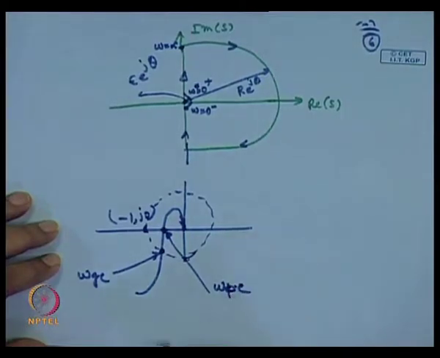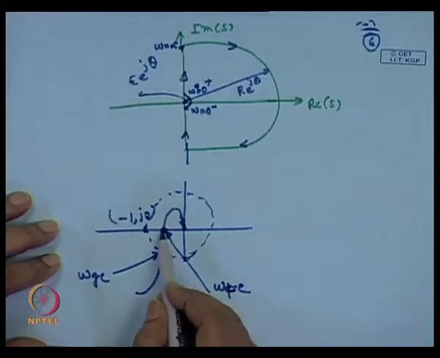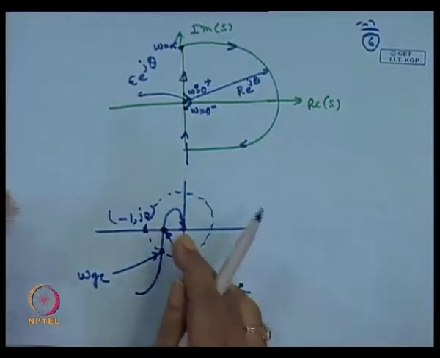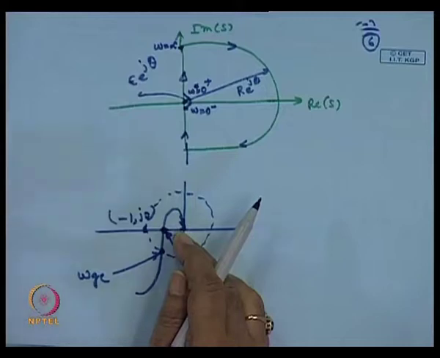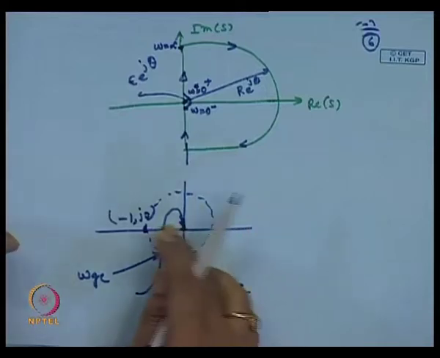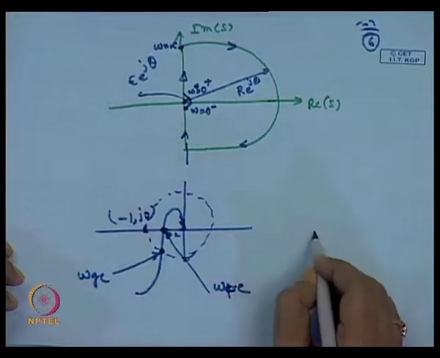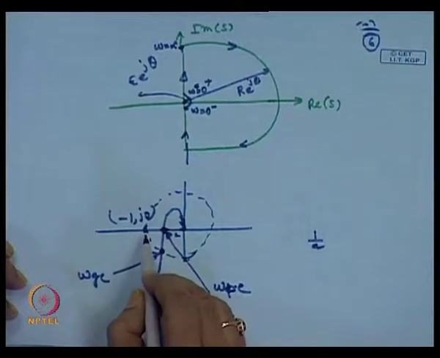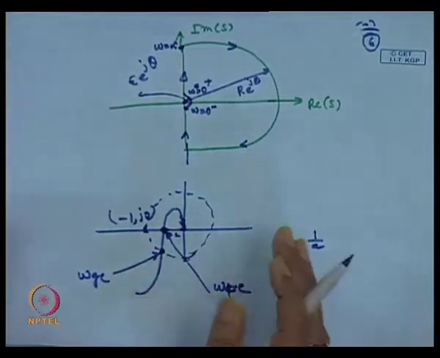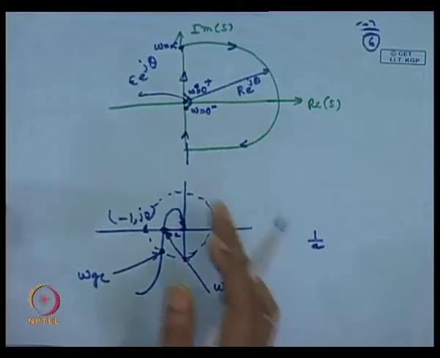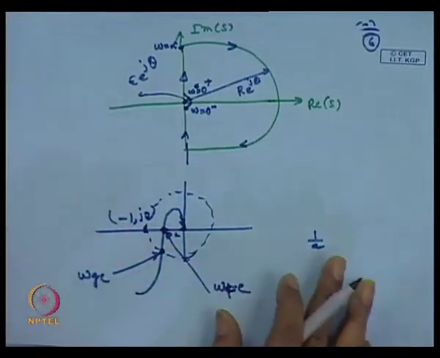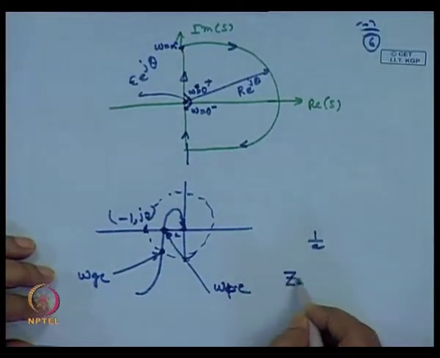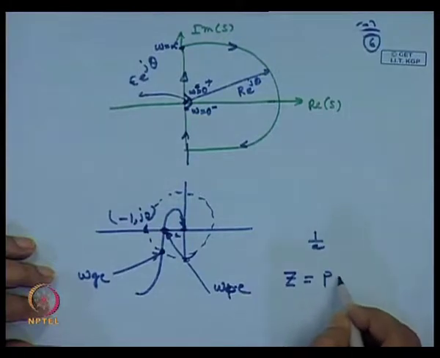Our gain margin, if it cuts here, is the reciprocal of this distance. That means we can increase the gain by a factor of the reciprocal of that. Suppose this is A, we increase the gain by a factor 1 by A. It is the gain margin, and if you assume that no open loop poles are in the right half of the S plane, then only we can say gain can be increased. So, in general Z is equal to P plus N.